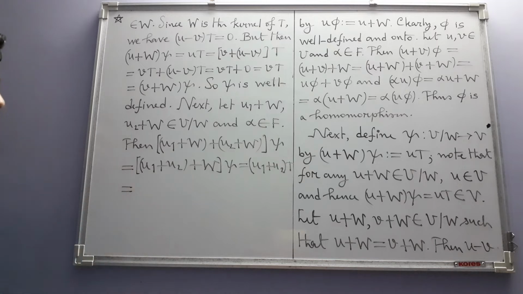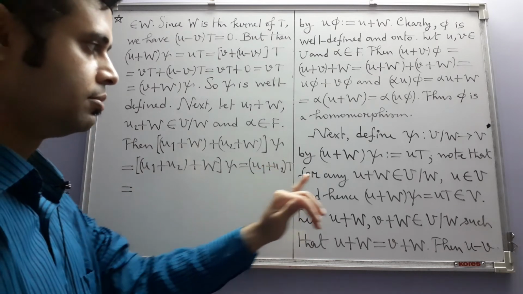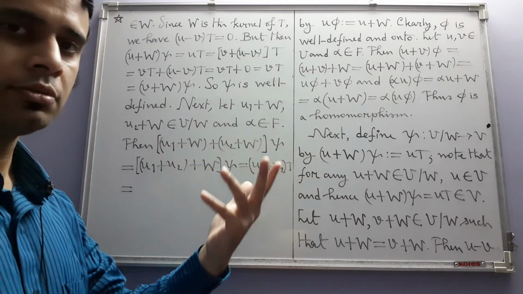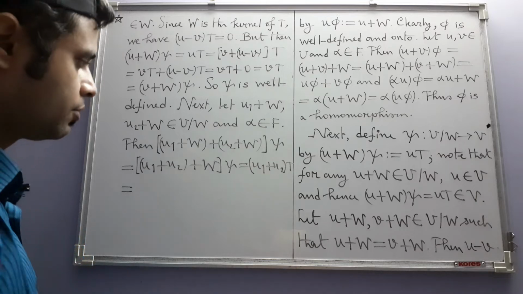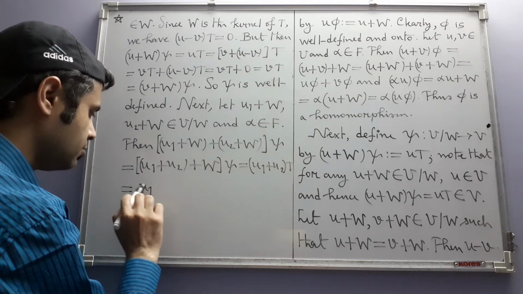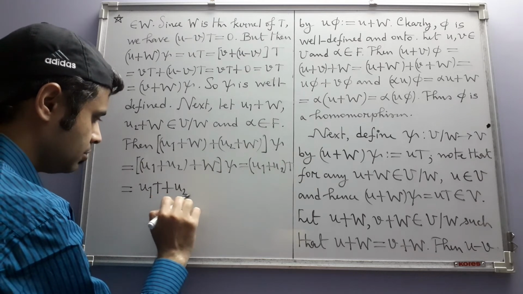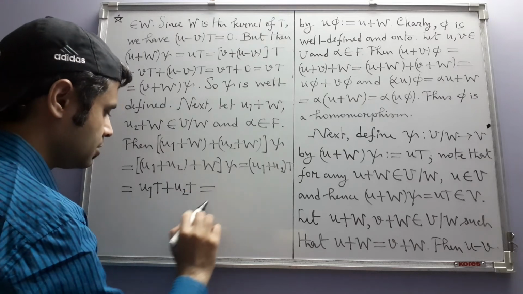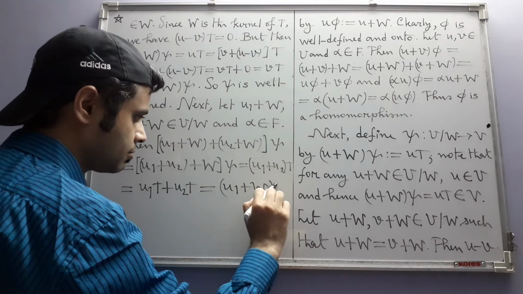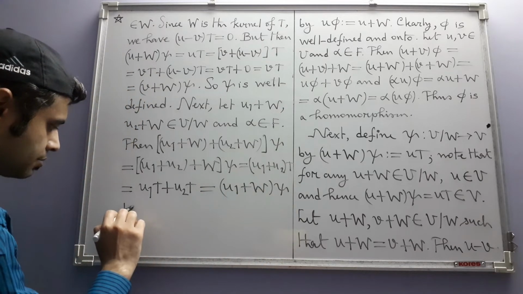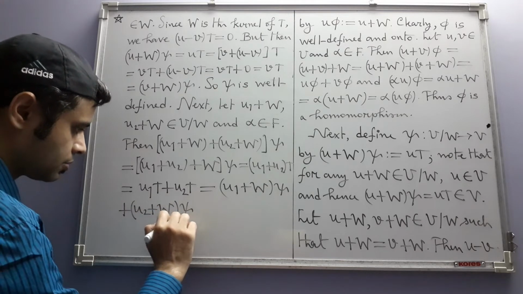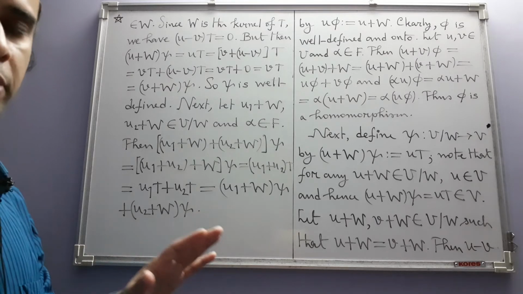Now u1 and u2 are vectors in capital U, and T is a homomorphism from capital U onto capital V. So T will respect addition, so u1T plus u2T, but this is equal to (u1 plus W)psi plus (u2 plus W)psi. So psi does respect addition.